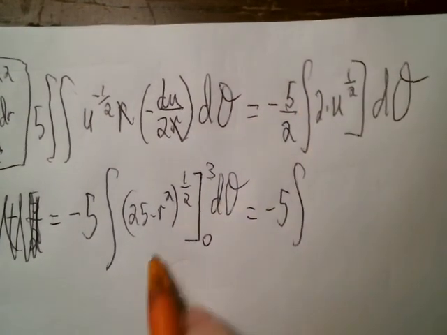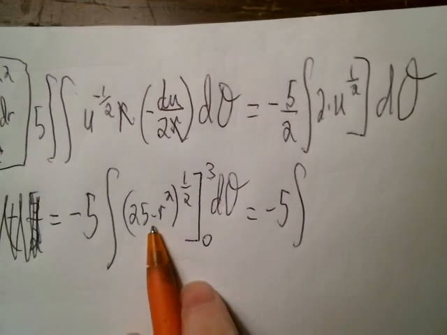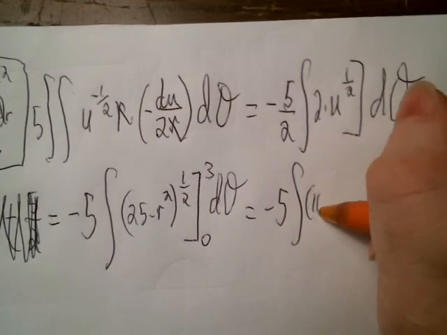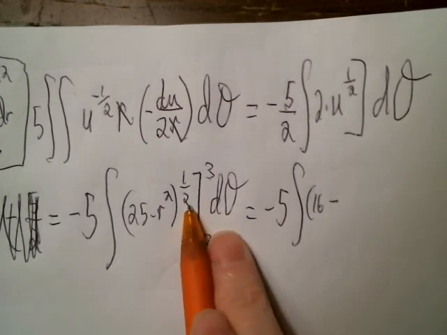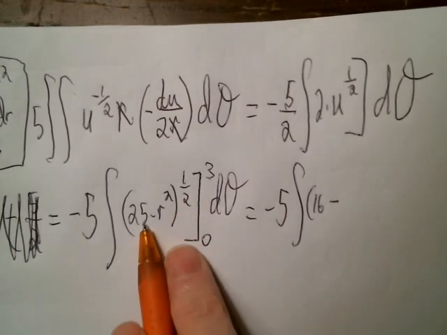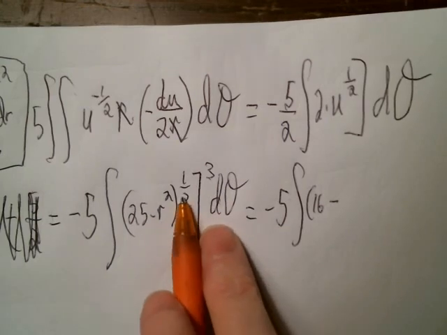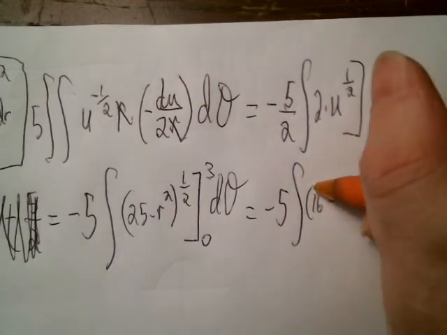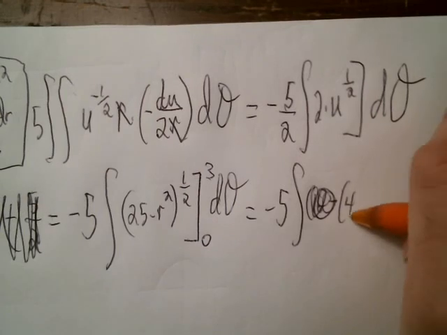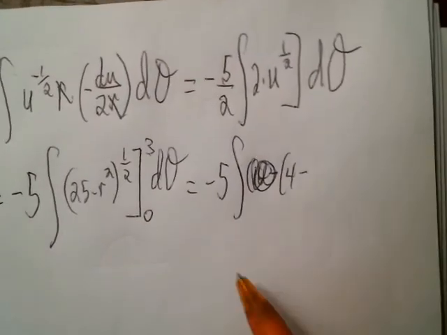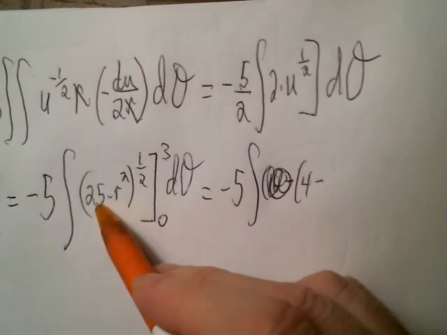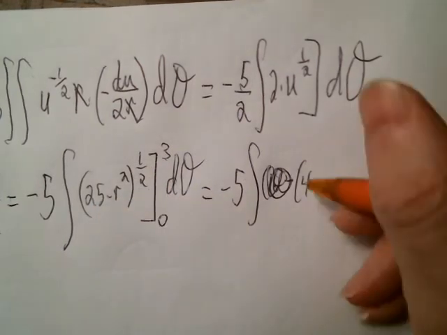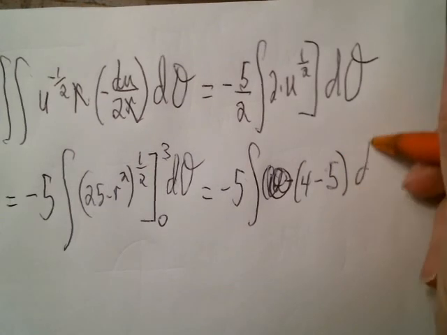Okay, so this will be negative 5. If I plug in 3, I'll have 25 minus 9, which is 16. And then minus, if I plug in 0, I'll have 25. So 25 minus 9 is 16, but then I have to take the square root of it. So this first one will be 4. And then minus, plug in 0, so 25 minus 0 that is 25, and then 25 to the 1/2 is 5, d theta.